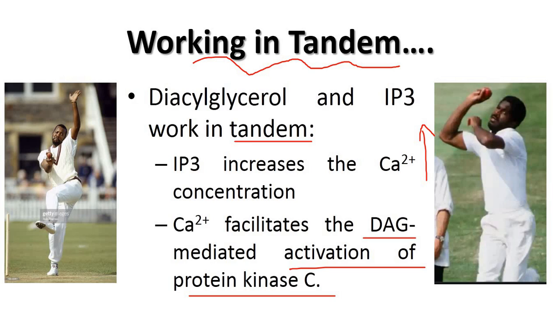The endoplasmic reticulum has huge stores of calcium, and by binding to its calcium channel, it mobilizes calcium from the ER to the cytosol. This calcium in the cytosol will facilitate the diacylglycerol mediated activation of protein kinase C by working in tandem. Together, this carries out the various signal transducing processes.